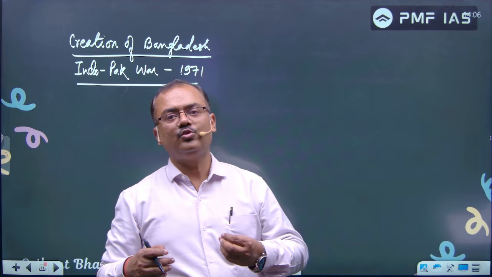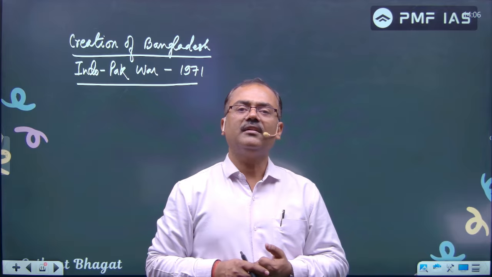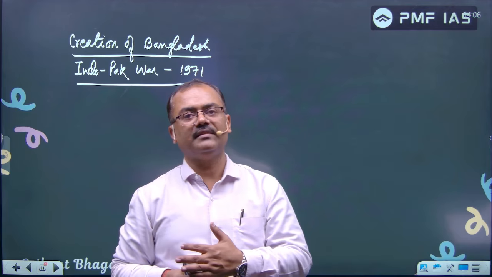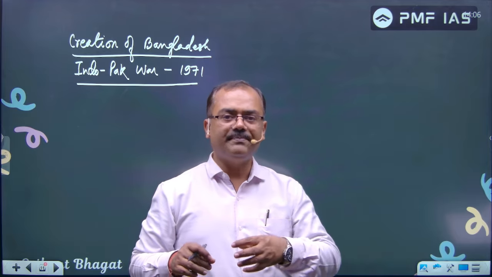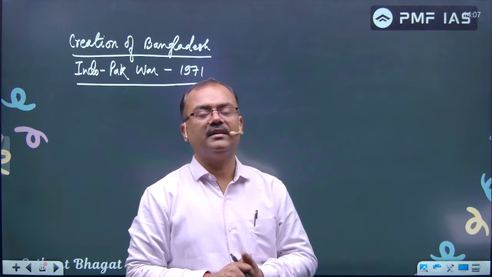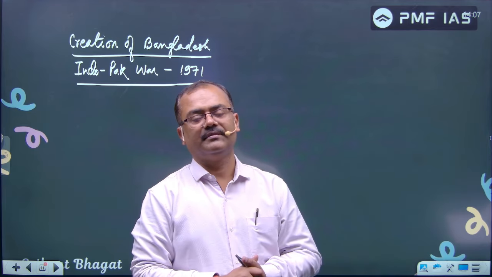But India decided to support the democratic movement. America was clear that it would be supporting Pakistan. Indira Gandhi diplomatically tried to manage America. She got some success in this regard. And the Indo-Pakistan war started.